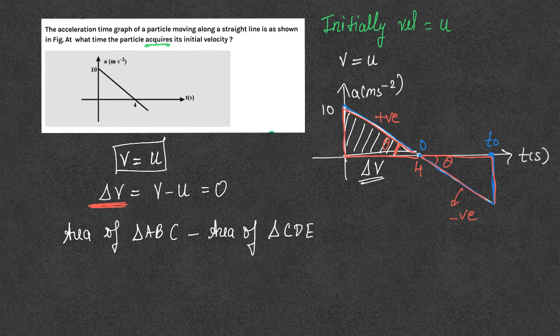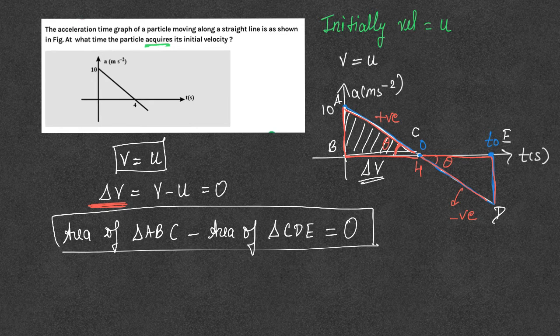Wait, I forgot to mark this. A, B, C, E and D. So area of triangle ABC minus area of triangle CDE is equal to 0. So it's actually plus over here, but as the triangle is below the time axis, it's taken as negative.